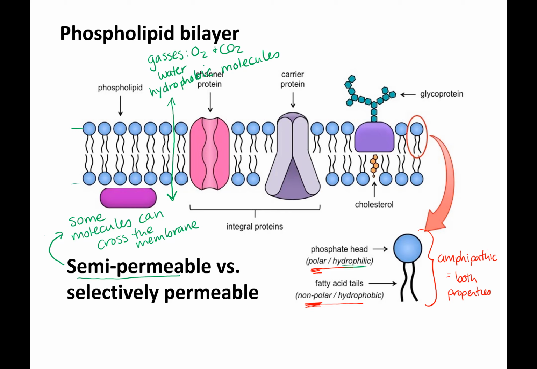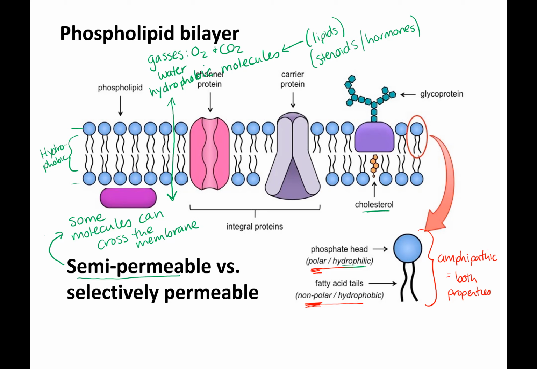But because the majority of this membrane is hydrophobic, other hydrophobic molecules, remember those are lipids, can pass through, and the main one we usually talk about is steroids, which are some of our hormones, like estrogen and testosterone.